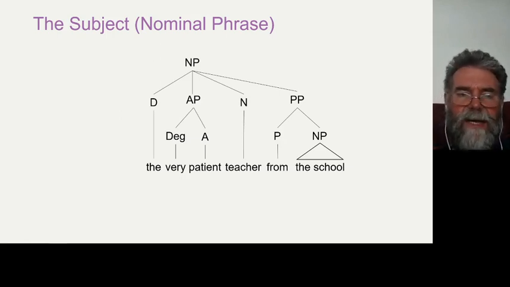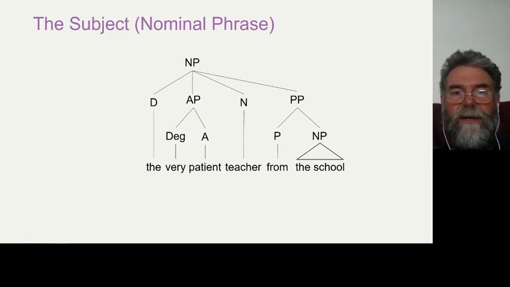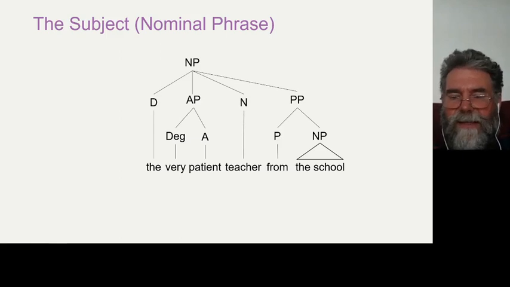An NP can contain an NP, and then that NP can contain an NP, and that NP can contain an NP, etc. That's the reason why language is essentially infinite. We can keep on putting phrases of the same kind inside phrases of that type indefinitely. This is known as recursion, and the fact that language is recursive means that there are more or less an infinite number of sentences that it's possible to produce.